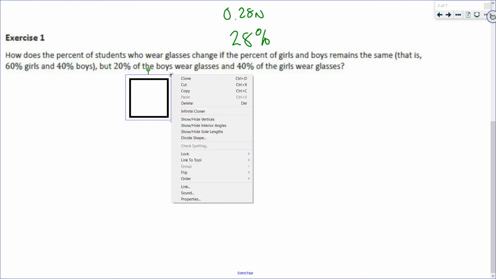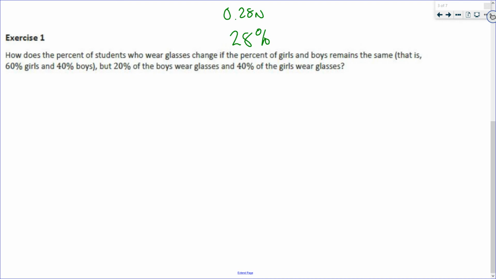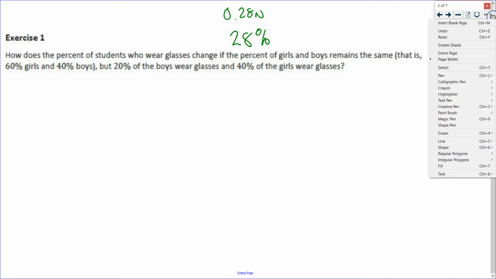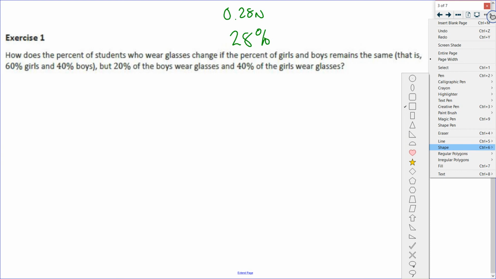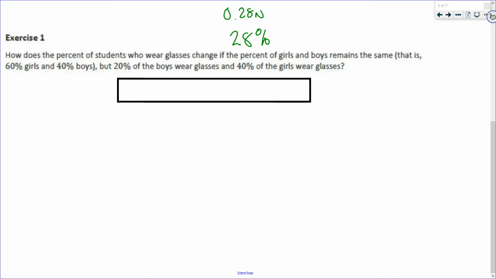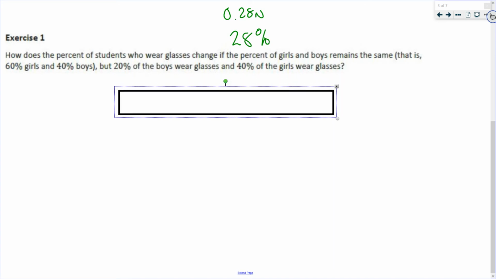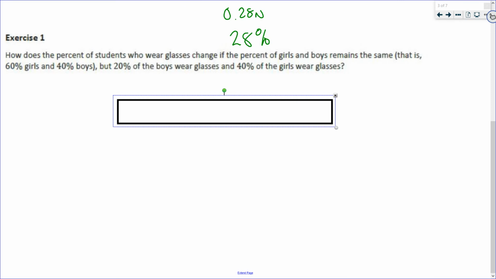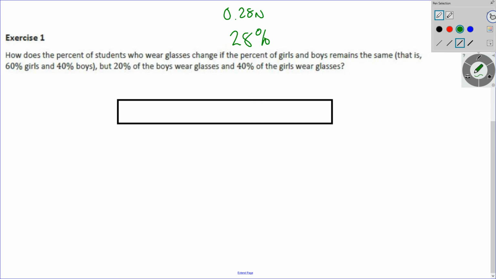Let's try it again, shall we? Let's see again. Shape. Let's look for, there we go. Rectangles. Rectangles always are better. There we go. Now we got a rectangle. All right. Let's get back to the fun stuff.